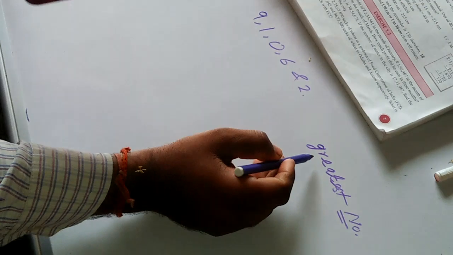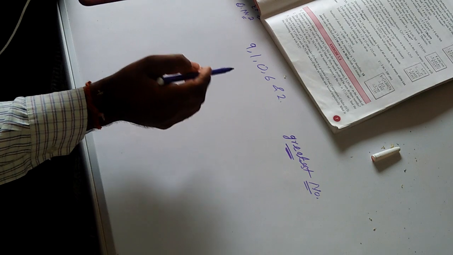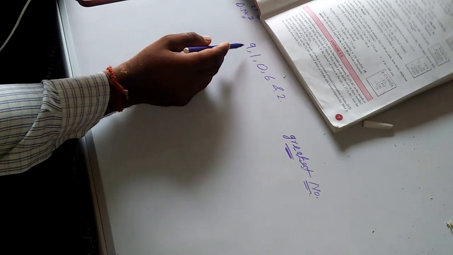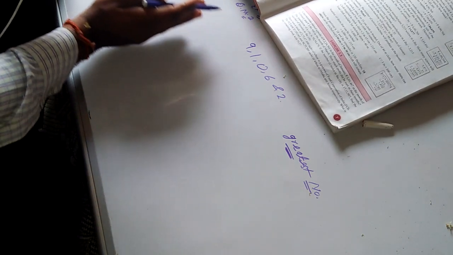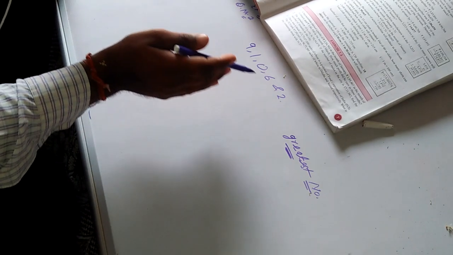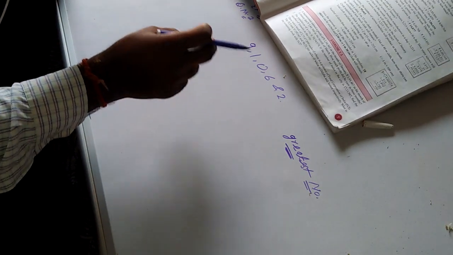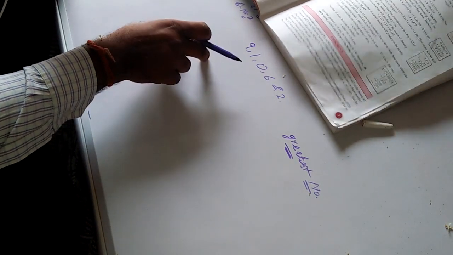So how will you prepare it? I told you, for the greatest number we have to put the biggest digit at the extreme left position. Once again I am telling, to get the greatest number we have to put the biggest digit at the extreme left position.